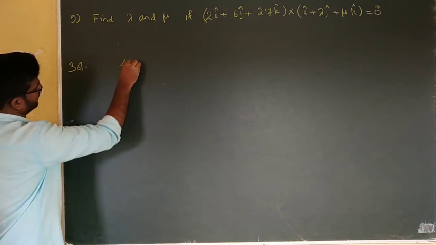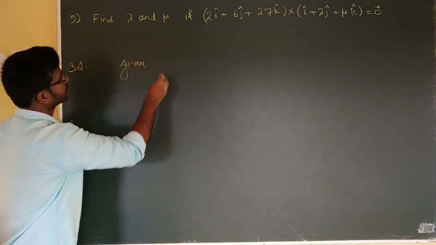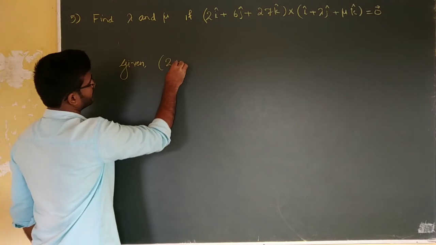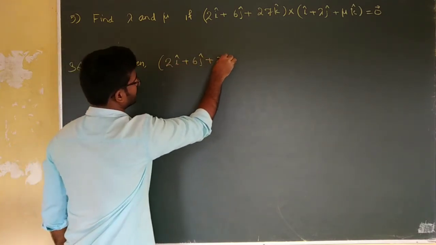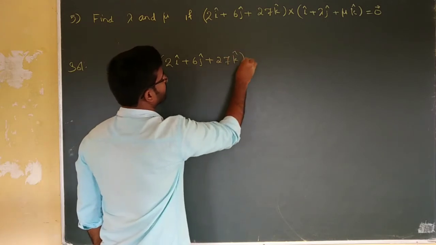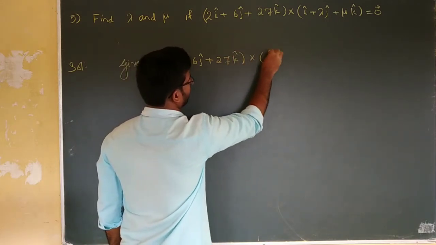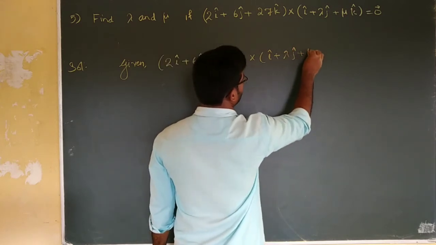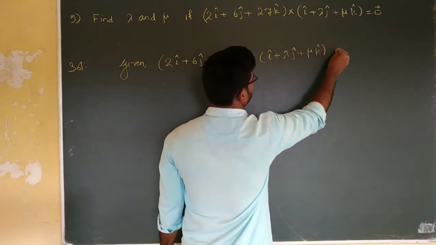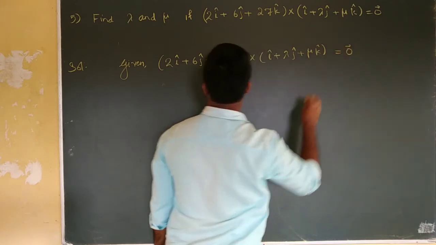We can write the given: 2i plus 6j plus 27k cross i plus lambda j plus nu k vector equal to 0 vector.